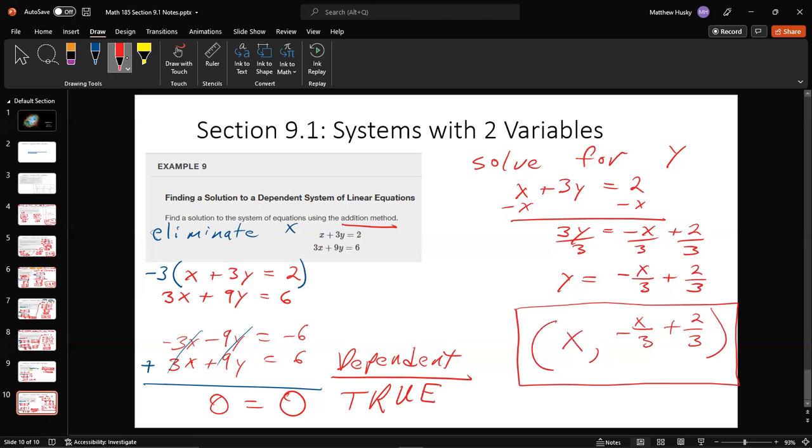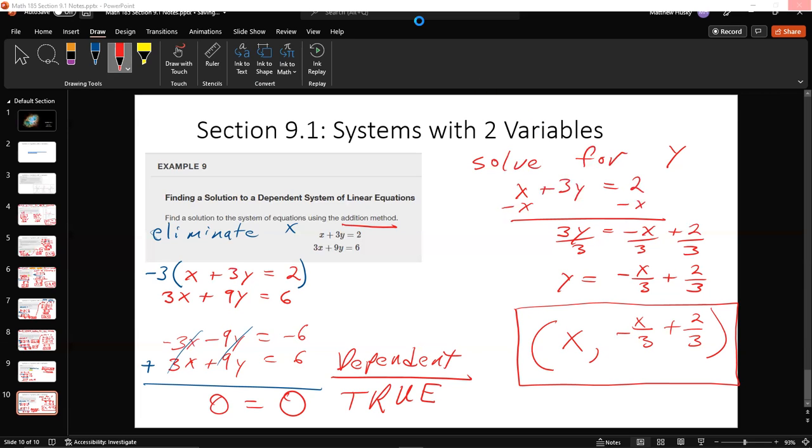So that is a dependent system. By the way, this is an equation of a line right here, -x over 3 plus 2/3. Depending on if a point is on that line, it would be a solution. So that's what it looks like when you have a dependent system. And that is the end of section 9.1. So let me stop the recording here for now.